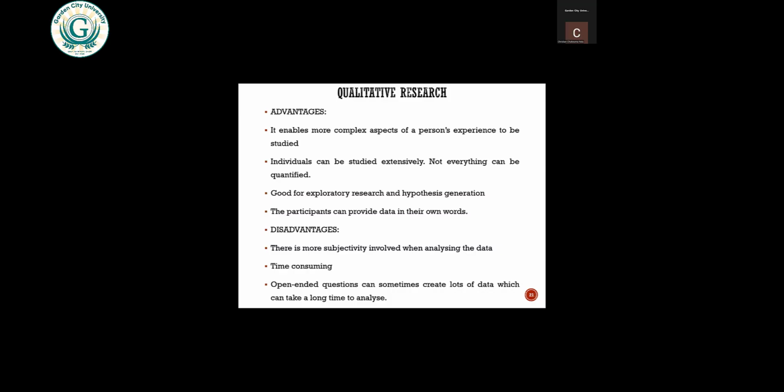But the disadvantages about this type of research is that it's more subjective. There's more subjectivity involved because the person is telling you how they feel. And even when analyzing the data, there's subjectivity because you finished your interview of the person and all the interview was conducted in Twi, but you are not going to write your report in Twi. You have to write it in English.